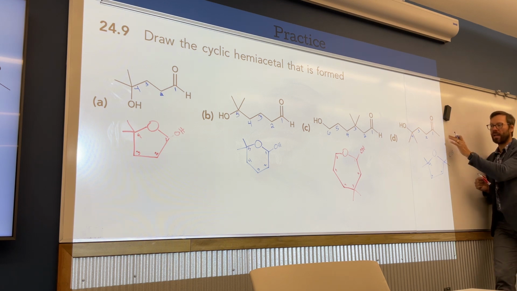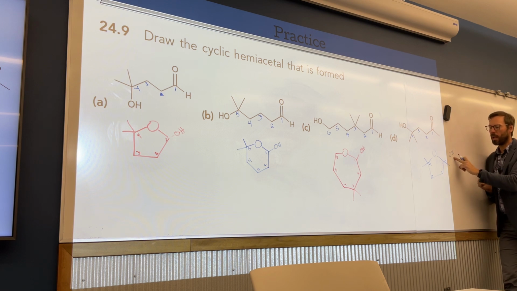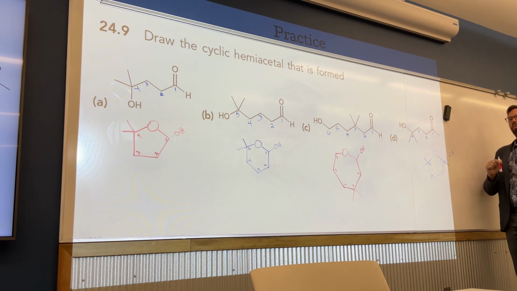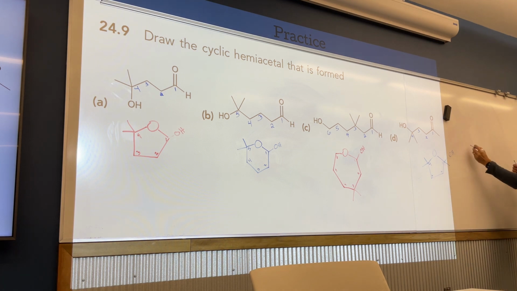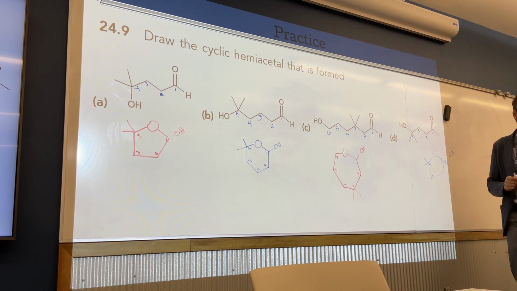Okay. Right now, it doesn't matter, but at this point, it's not going to be flat. And when we do stereochemistry, we usually rotate the ring down, and then we determine if this, let's draw it here.